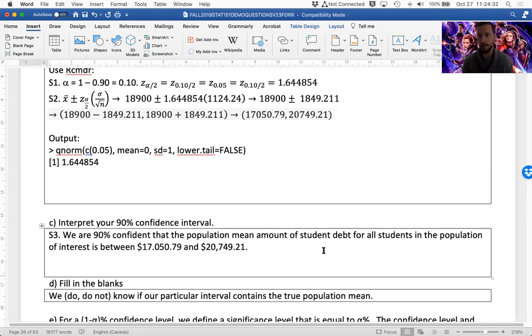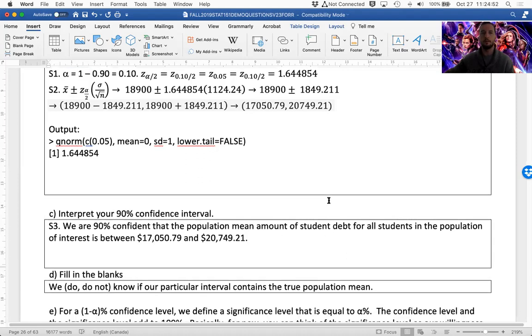So in this case, we are 90% confident that the population mean amount of student debt for all students in the population of interest is between $17,050.79 and $20,749.21.